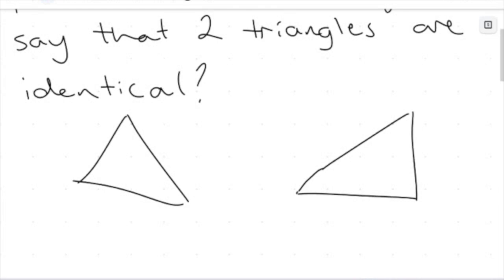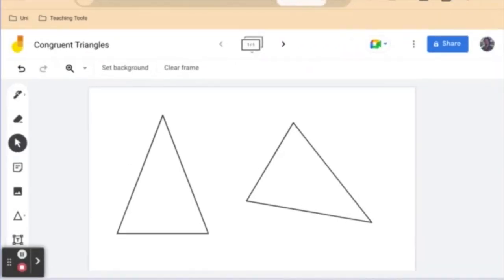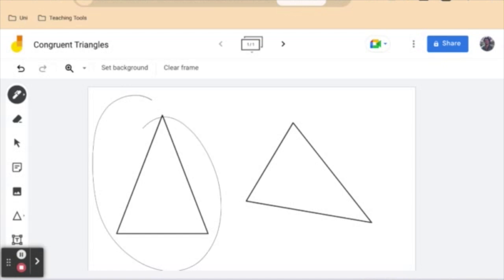Now, to run you through this little thought experiment, I'm going to switch over to Jamboard here, and I have two triangles here. Now, how can we say for sure that they're the same? Well, first of all, we can say that they look like they're roughly the same size, but this one on the left is in a different orientation to the one on the right.